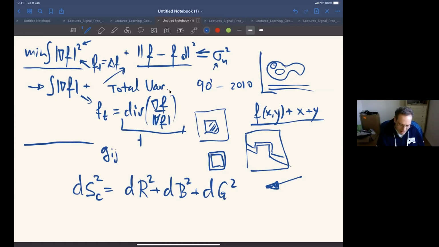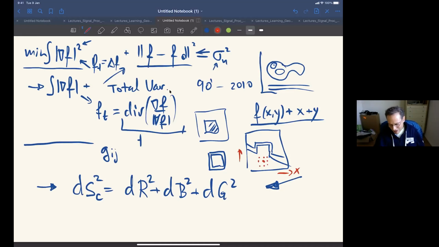Now, okay, let's accept that the manifold, that the human perception of color, is given by this metric. In order to start and denoise images, what I need to do is look at a point and look at the neighbors of this point and somehow average between them. So I have to add to my color something that has to do with the spatial x and y direction in the image.